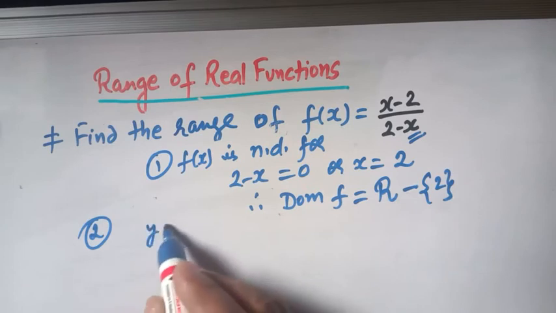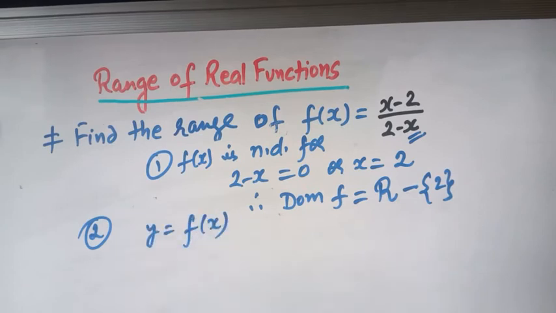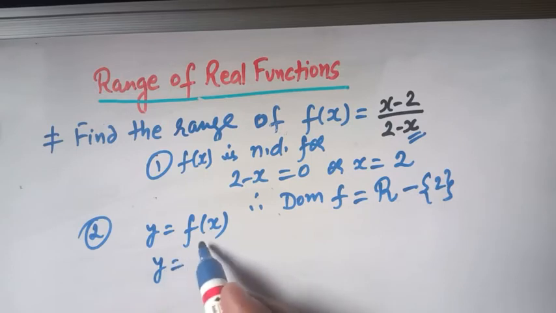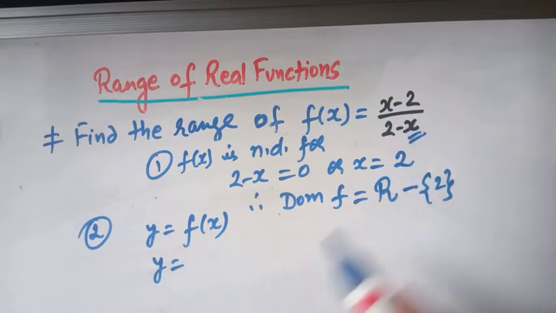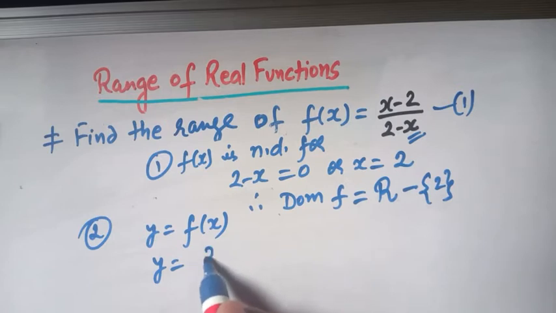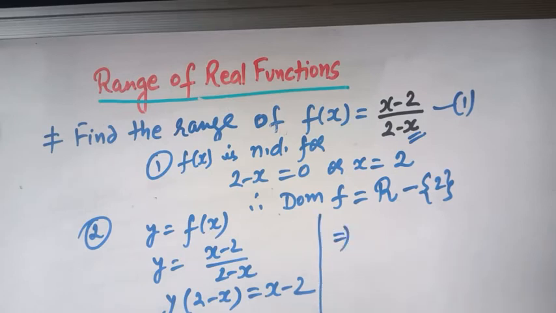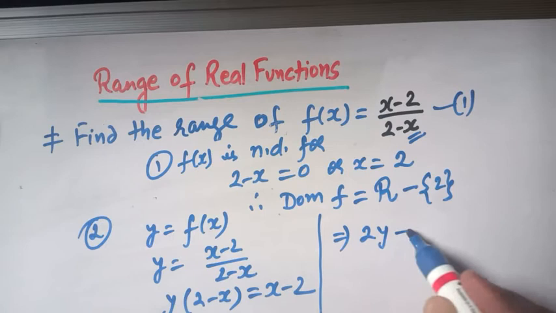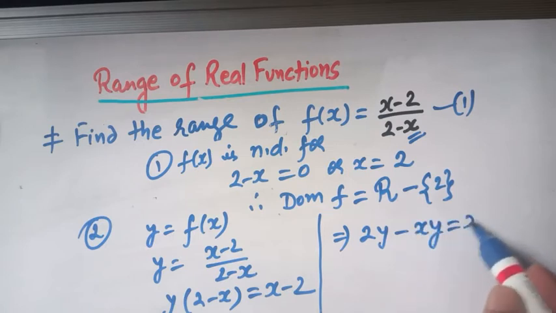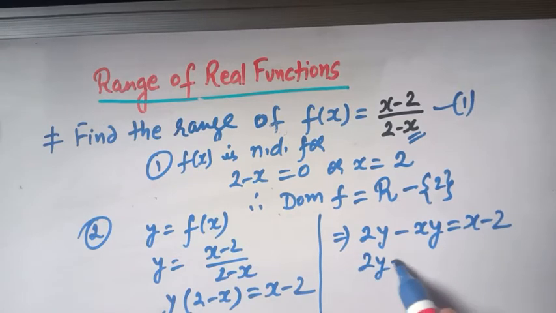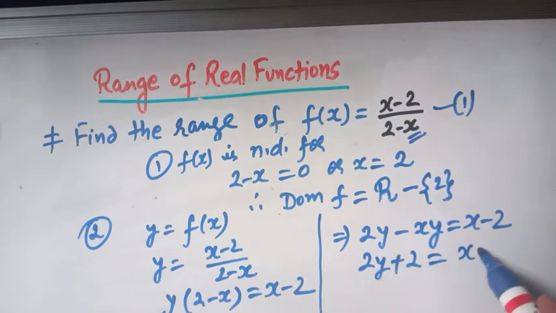For the range, we'll follow the steps. y is equal to f(x). We'll substitute the value of f(x), and it is x minus 2 over 2 minus x. Let us multiply it here. y multiplied by 2 minus x is equal to x minus 2. Now here we will have 2y minus xy is equal to x minus 2, and then we have 2y plus 2 is equal to x plus xy.